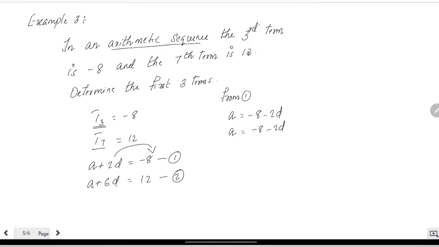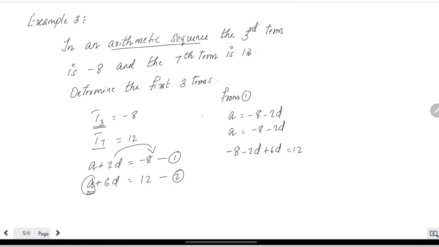Elimination is quite easy, but most of you use the substitution method, that's why I'm showing the substitution method. So I got the value of A in terms of D using equation 1. Now I have to substitute this value of A in equation number 2. In the place of A, I write minus 8 minus 2D, then plus 6D is equal to 12.